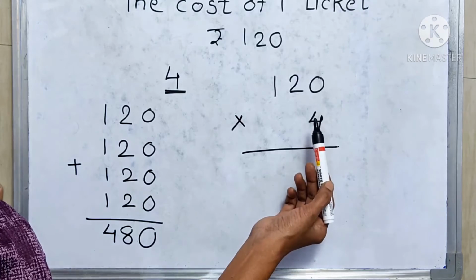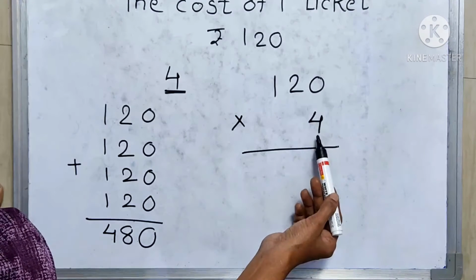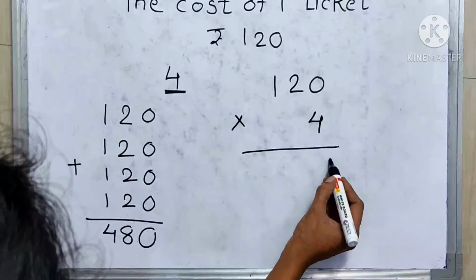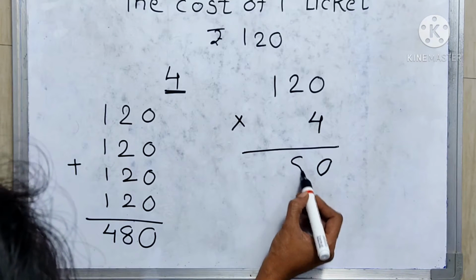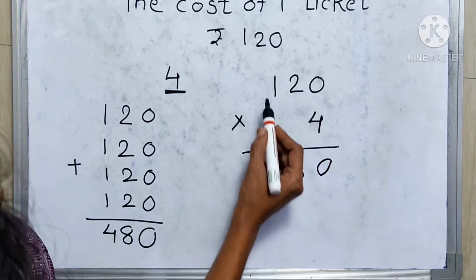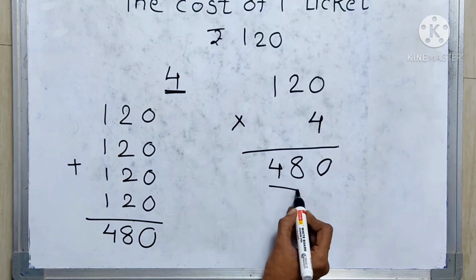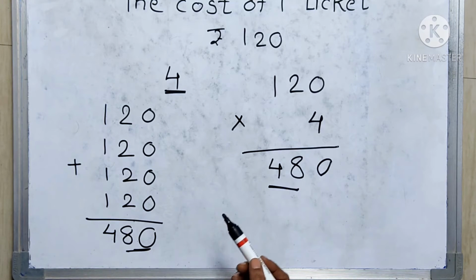Children, whenever we multiply any number with 0 or 0 with any number, the answer is always 0. 400, 428, and 4 1 4. Children, if you see here, in both ways the answer is the same. So here you can use only one method which is easy for you.